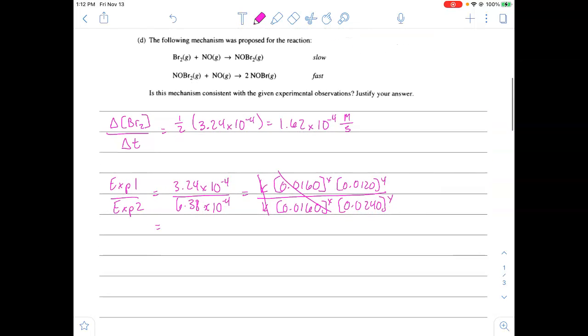So 1/2 equals 1/2 raised to the power Y. Therefore, Y equals 1. So it would be first order with respect to Br2.